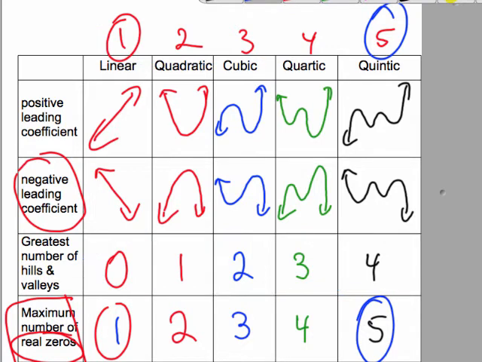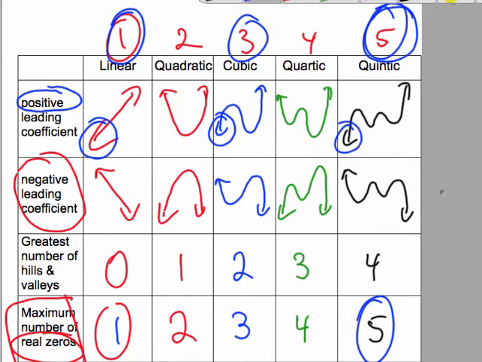In terms of shape, if you take a look at a pattern here, all of the odd degrees, degree 1, 3, and 5, if we're dealing with a positive leading coefficient, the graph starts in the bottom left of the grid in quadrant 3, here, and ends up in quadrant 1.